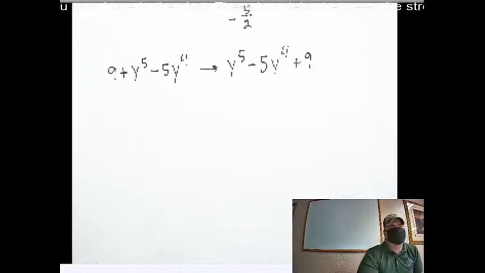Next, we want to know the degree. So what is the degree of this polynomial? Okay, remember, degree is the greatest power on a polynomial. So what is our greatest power? 5. So our degree is 5.